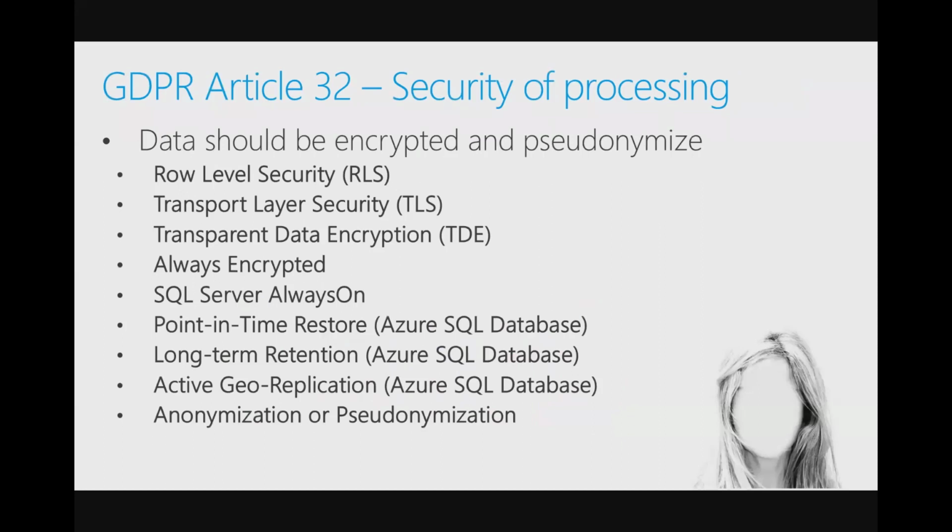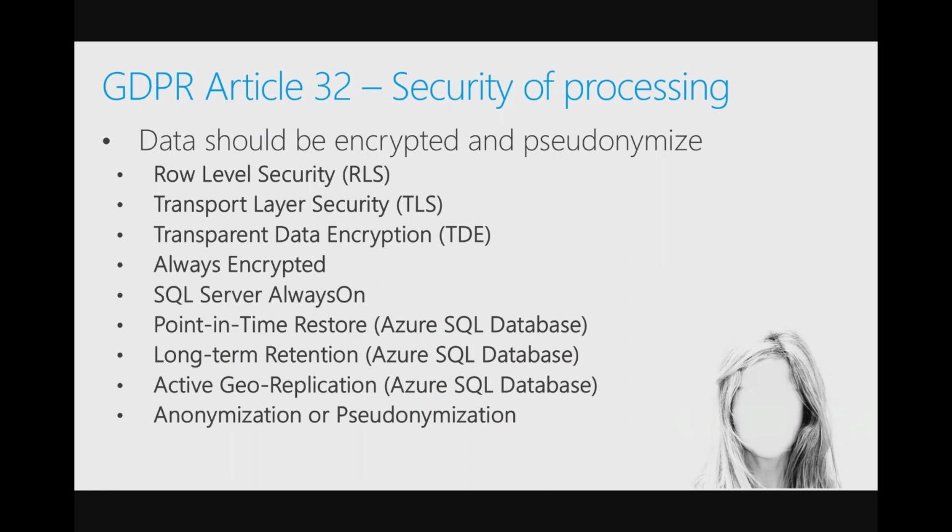Article 32, security. So you see, now we are mixing privacy and security. Why? Because we need to ensure the security of the processing to ensure the privacy of the user. This is the place where security and privacy meet. Again, data should be encrypted and pseudonymized.